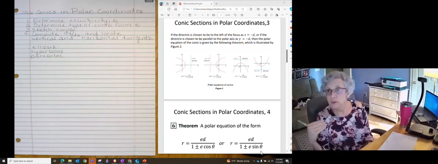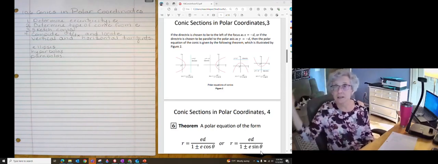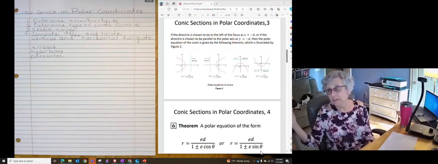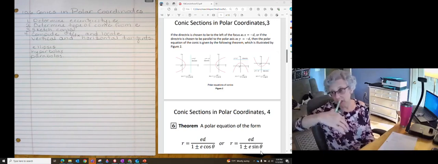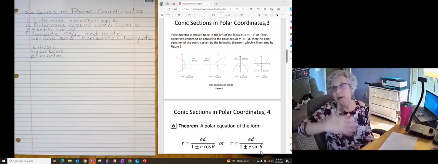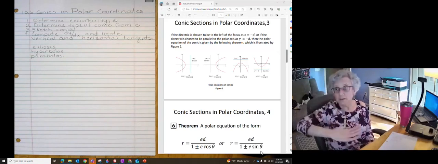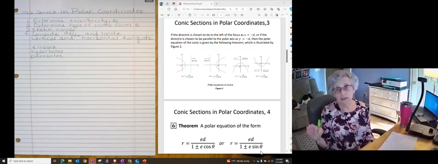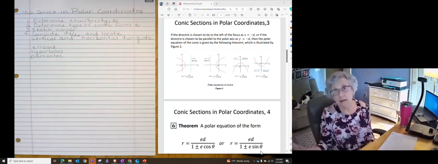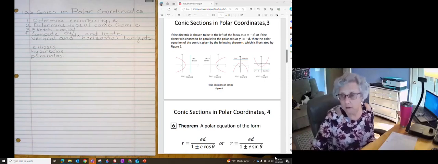If you have cosine and a minus sign, then it opens to the right. If you have sine with a plus sign, the directrix is above, and if you have sine with a minus sign, the directrix is below. Honestly, I do not memorize all of that. I plot the big four, and that tells me exactly how to graph.